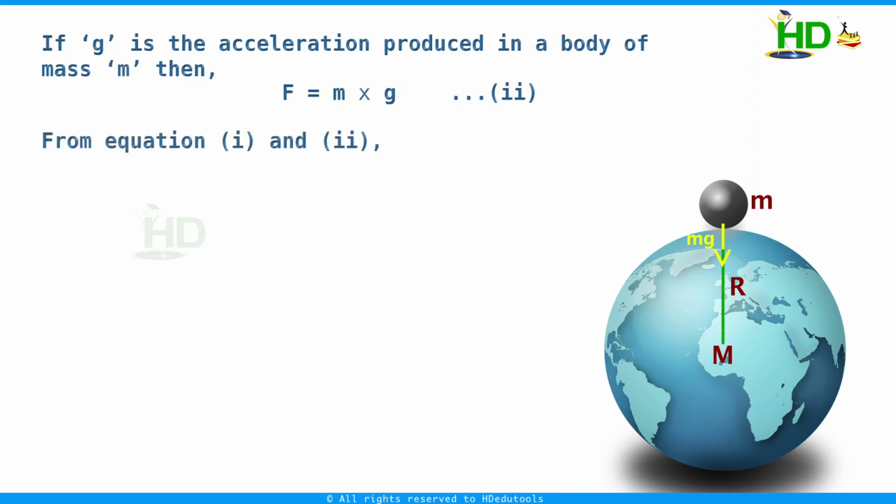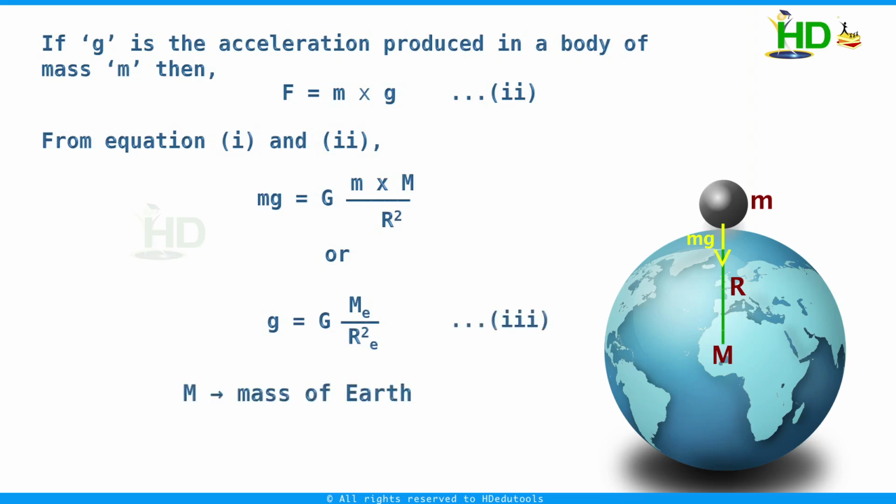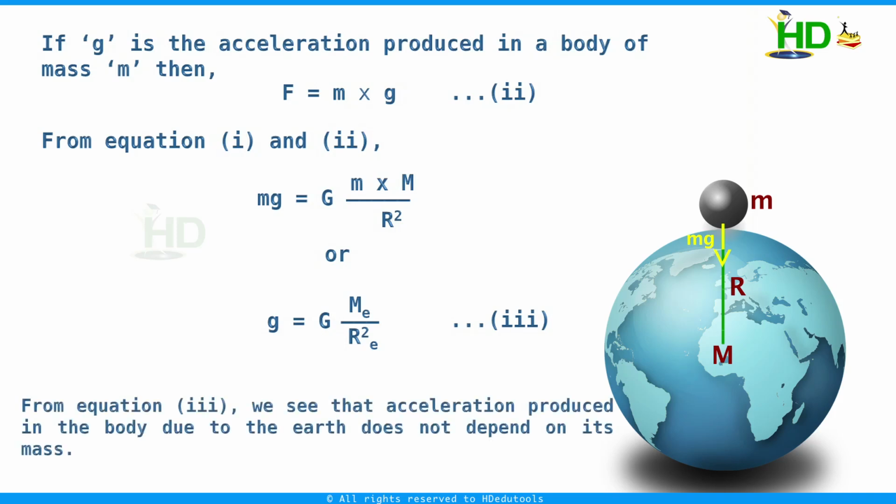Therefore, we can write m into g is equal to G m M by R square, or small g equal to G into capital M divided by R square, where capital M is the mass of the earth, capital R is the radius of the earth, and this is the acceleration due to gravity on the surface of the earth. Now, using this equation, we can find the acceleration due to gravity on the surface of any planet.